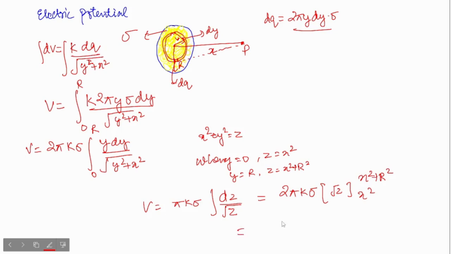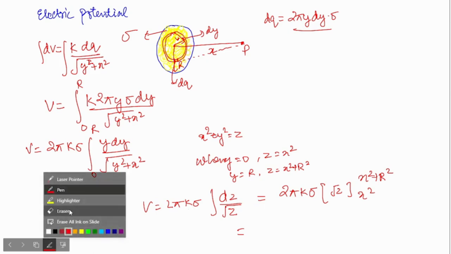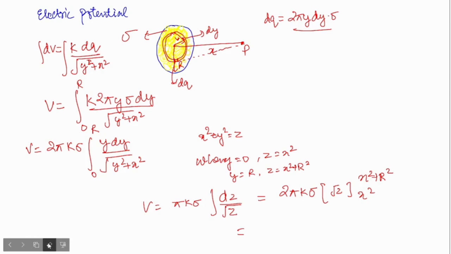This is actually 2, just a second, this is actually not 2. Yes, okay. You will get sigma upon 2 epsilon naught. I am converting in terms of 1 by 4 pi epsilon naught, changing k to 1 upon 4 pi epsilon naught, under root of r square plus x square minus x.